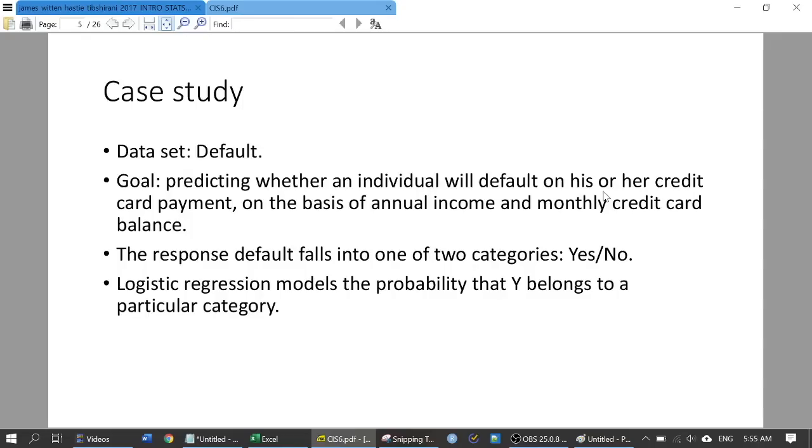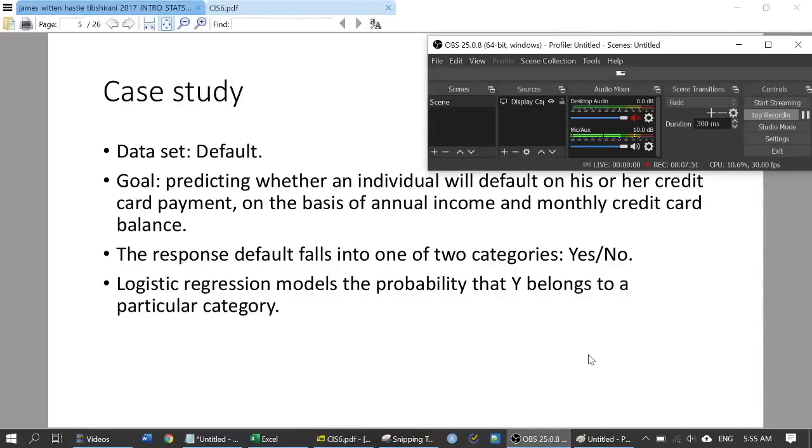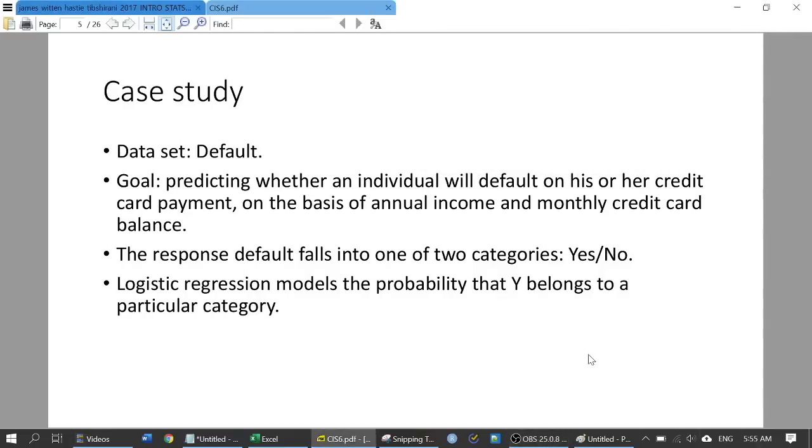But there is a problem with applying linear regression for categorical data, even if it is binary. So let's talk about it using this example. We're going to use the default data set, and the goal is to predict whether an individual will default on his or her credit card payment on the basis of annual income and monthly credit card balance.